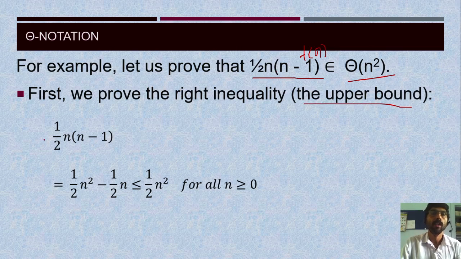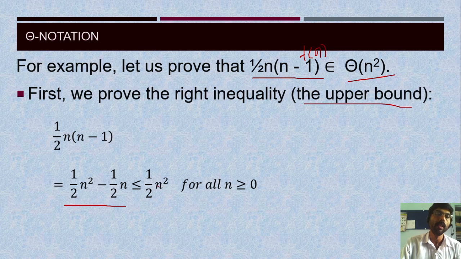Half n into n minus 1 can be expanded as half n square minus half n. This expression is always smaller than half n square when the n value is positive.